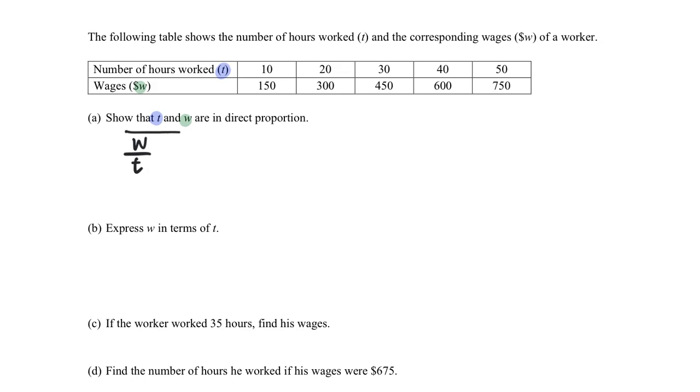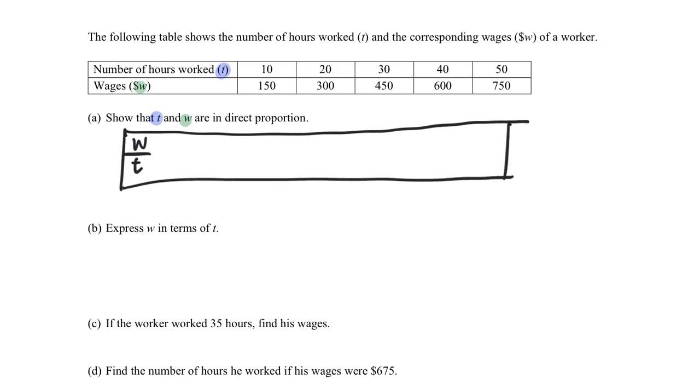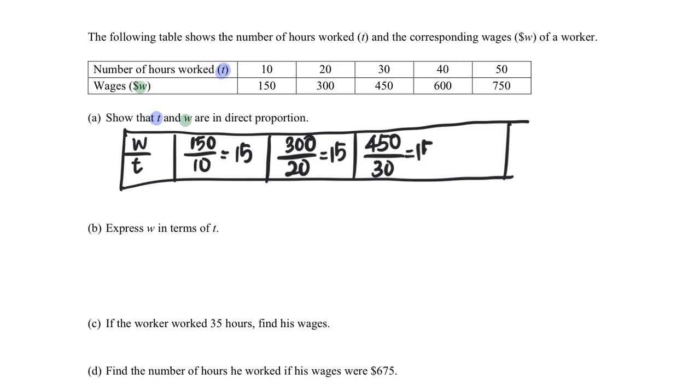So for this table, I would then have 150 over 10, which gives me 15. 300 over 20 is also 15. 450 over 30 is also 15. 600 over 40 is also 15.